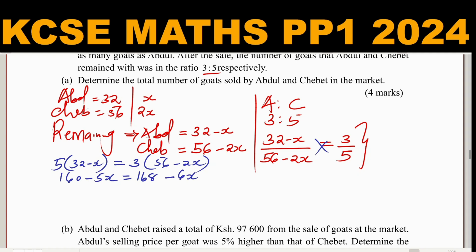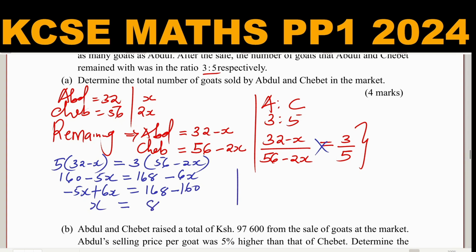Putting like terms together, you can bring the X's to the left hand side, so that I have minus 5X plus 6X is equal to 168 minus 160. So this will give X is equal to 8.